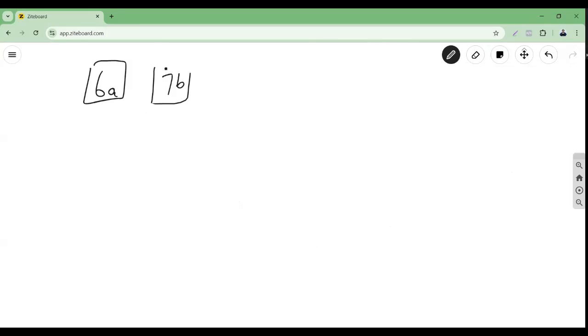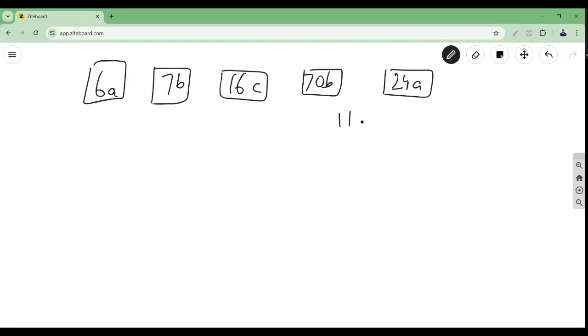Now let's see who are the friends and who are not friends. Let's say there are different terms here. 6a is there, 7b is there, 16c is there, 70b is there, 24a is there, 11c is there.